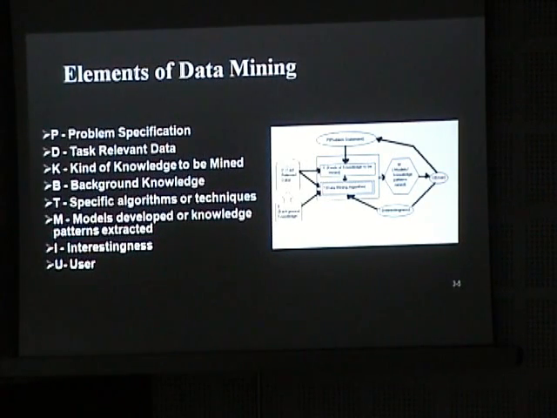Third, kind of knowledge, background knowledge, specific algorithms or techniques which will be applied during data mining techniques application, models that are developed by researchers to extract knowledge from that database, intelligence, interestingness, and user.